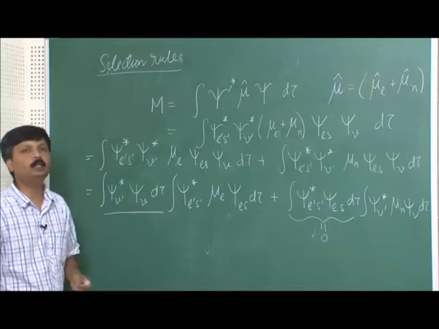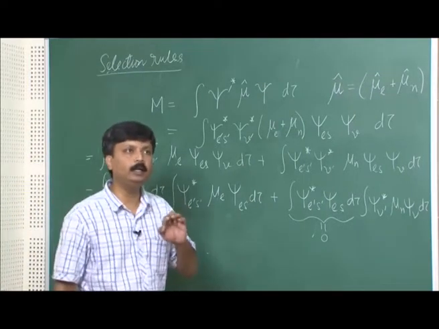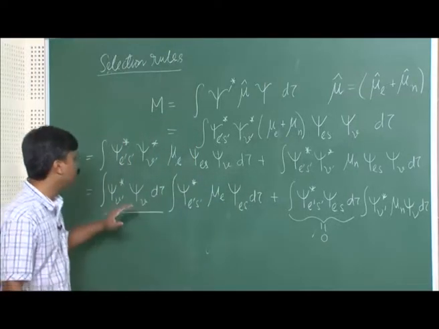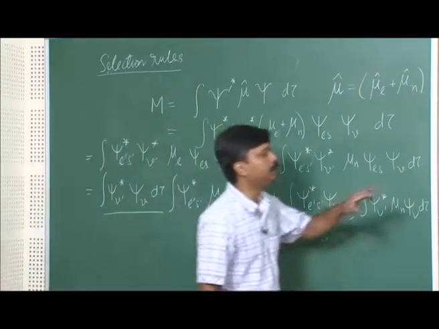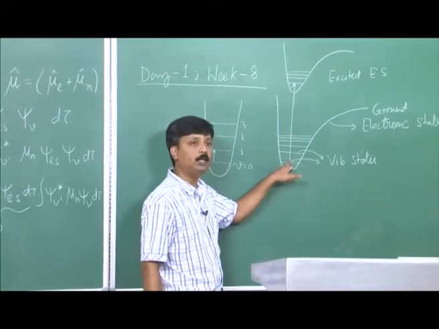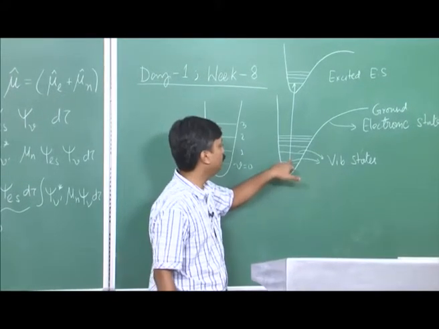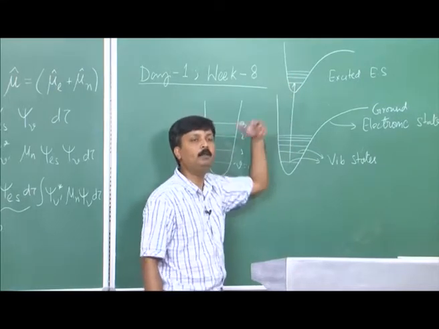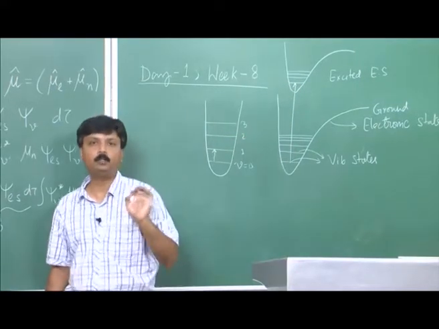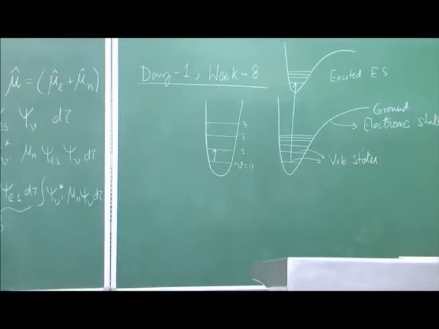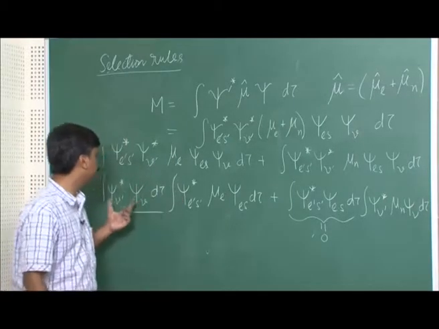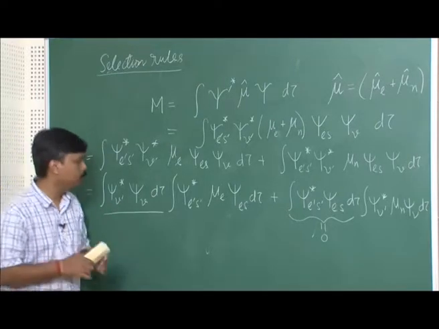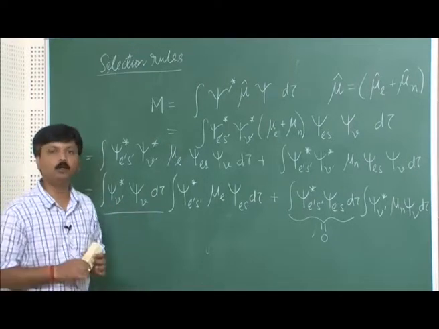But actually, it need not be 0. Why? Because I am having a transition between two vibrational levels, right, but these vibrational levels belong to two different electronic states. Therefore, it is not necessary that these psi v and psi v prime will be orthogonal, right. So therefore, that is not necessarily 0.